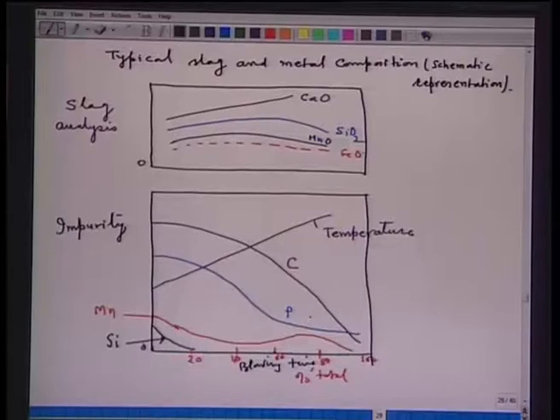Once you allow carbon to proceed at a faster rate, then phosphorus will not be removed, because phosphorus requires lower temperature as compared to carbon. So, all efforts are made so that the rate of carbon removal is increased only when a sufficient amount of phosphorus is removed, and that is what you see from here also.